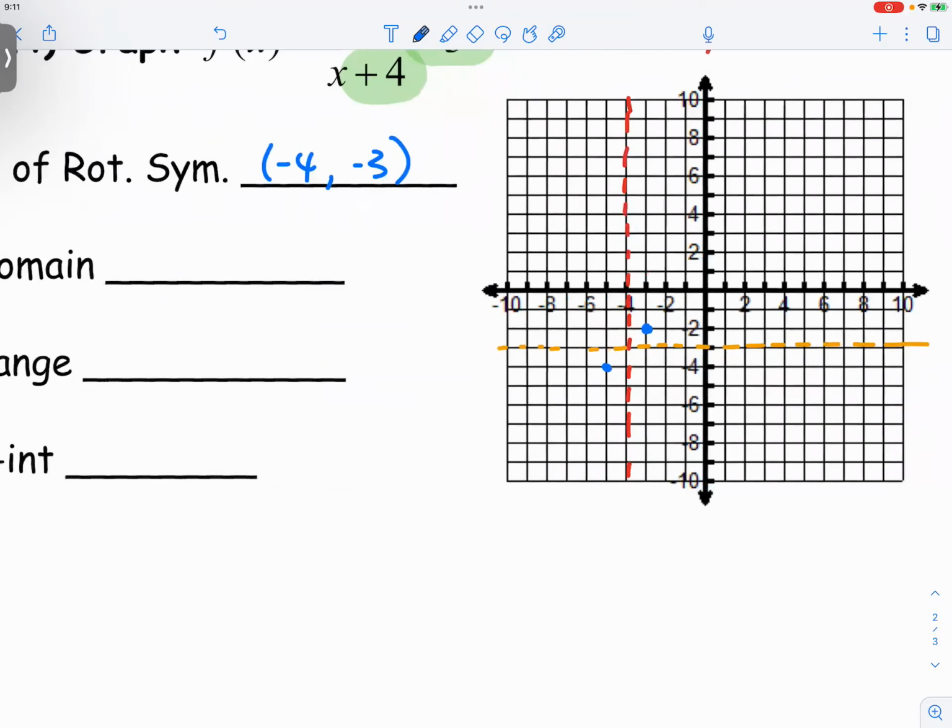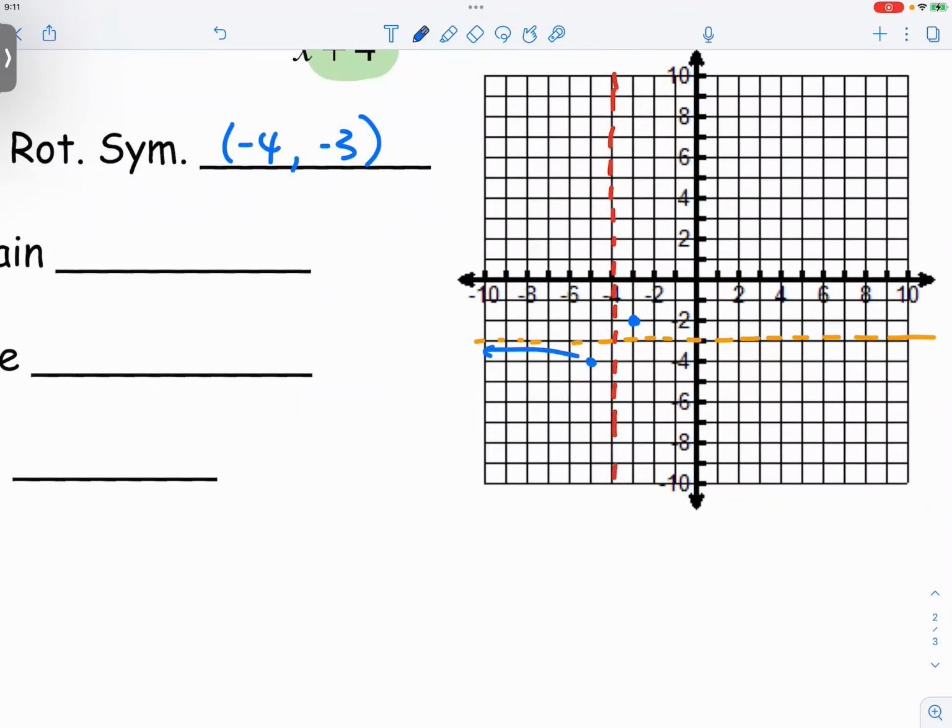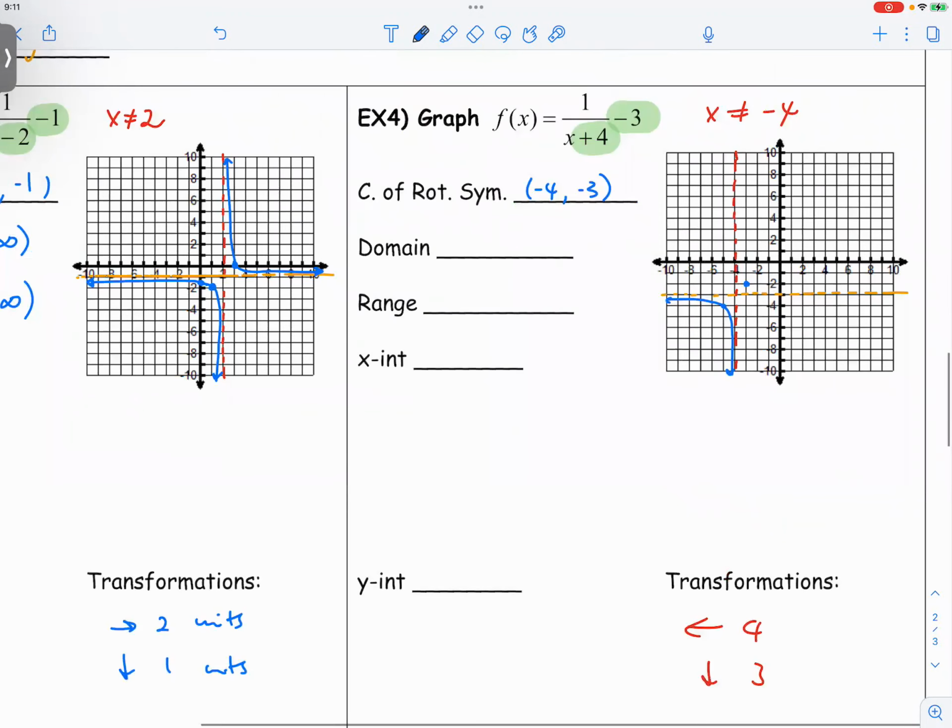Now we are going to cross the x and y axis. So let's go ahead and find out the y-intercept first. That's easy. What would that be?